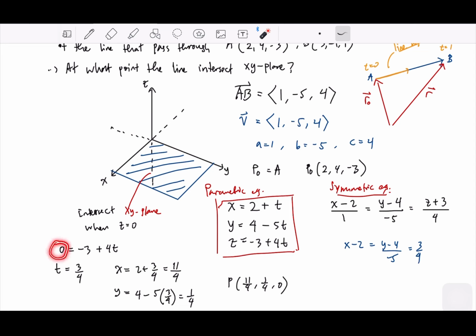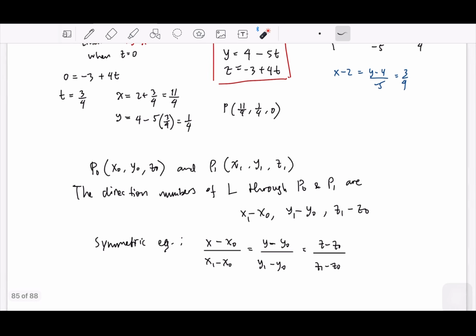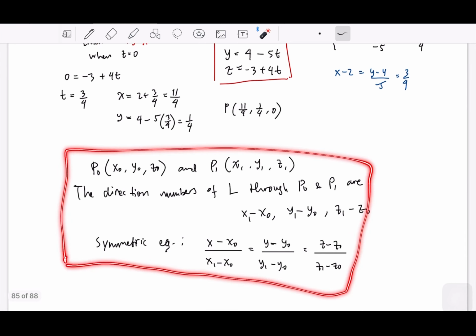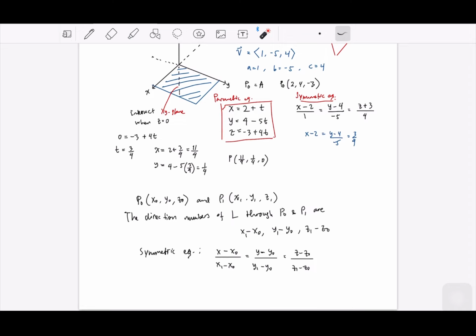With z equals 0, we get t, and using t we find x and y, and that's our point. We can do it with either the parametric or symmetric form and will have the same conclusion. We can also write down the general formula for this case, but it's not really that important, just to make sure you know of it.